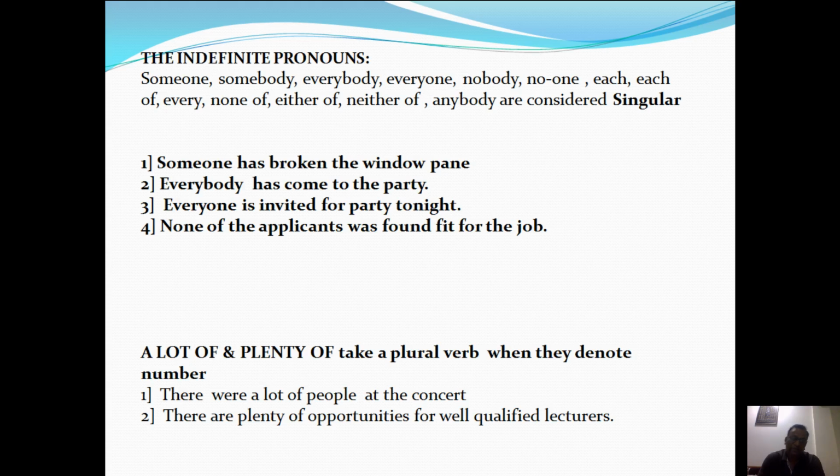Getting this one? Then I repeat, a lot of and plenty of take a plural verb when they denote number. At that time it will be considered a plural verb. There were a lot of people at the concert. There are plenty of opportunities for well qualified lecturers.